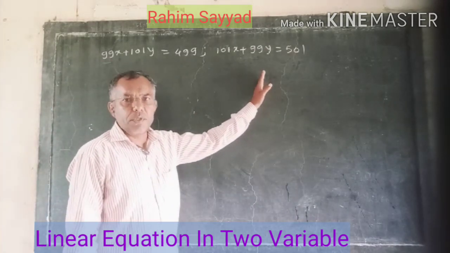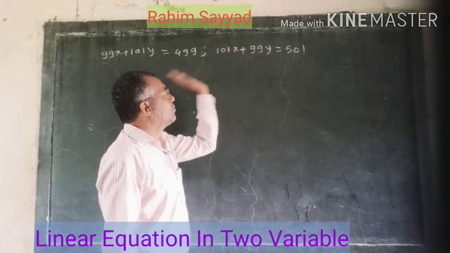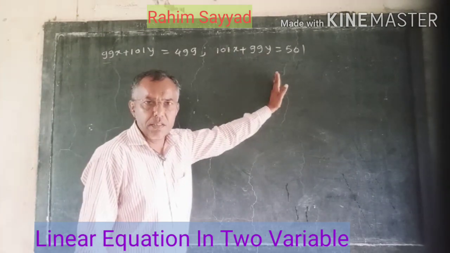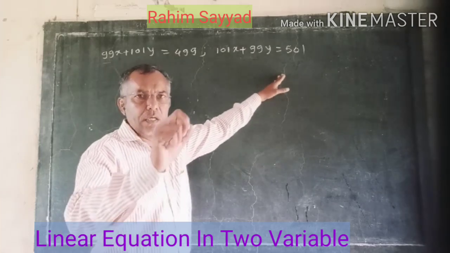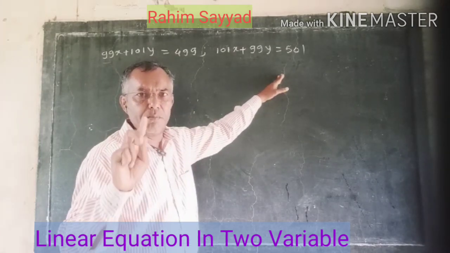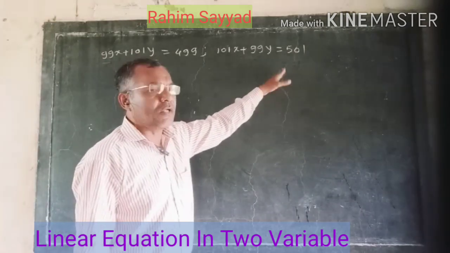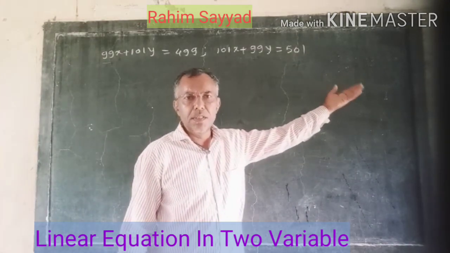After this step, you have to subtract equation first from equation second. Then you will get another new equation, number 4. In this way, you have to solve equations number 3 and 4.